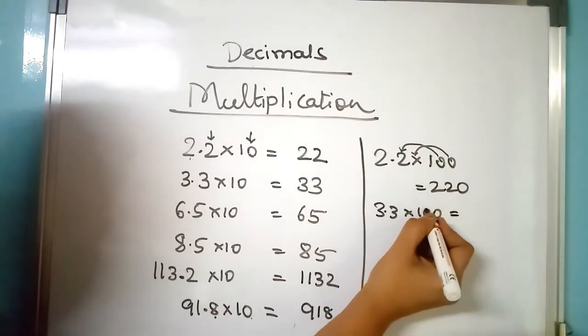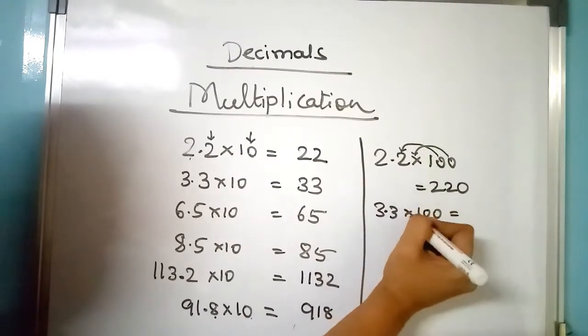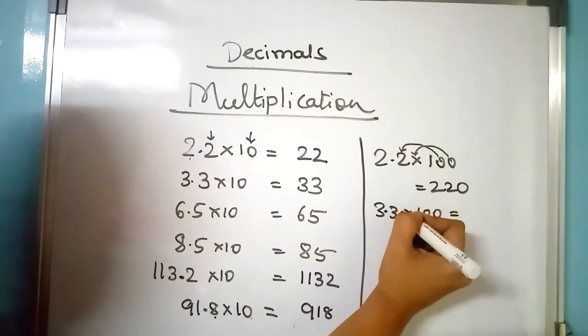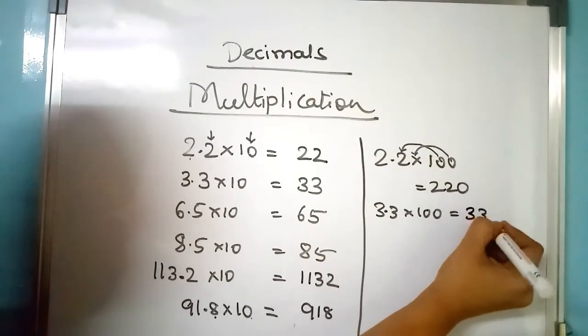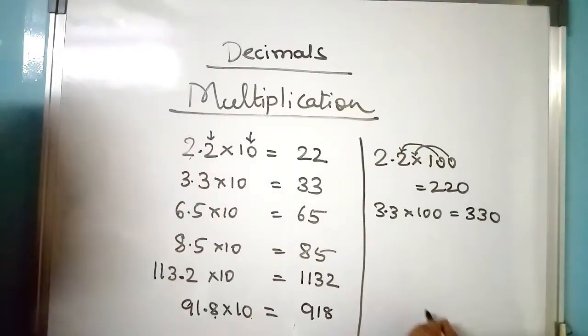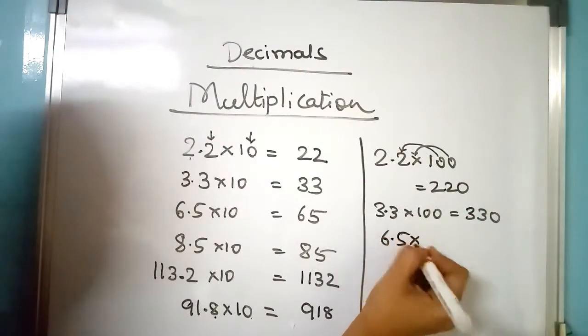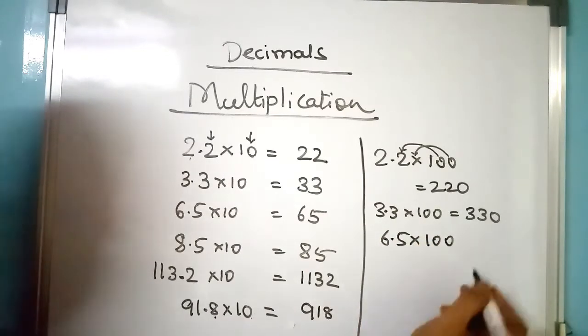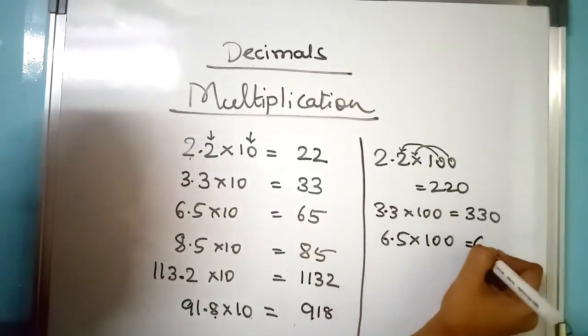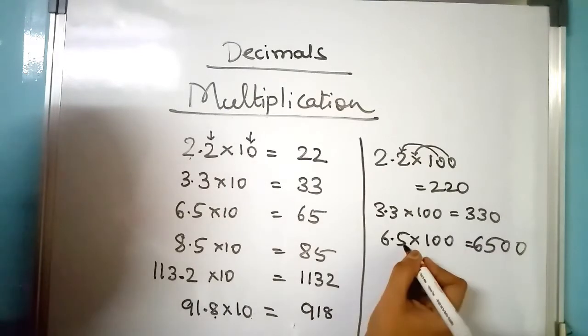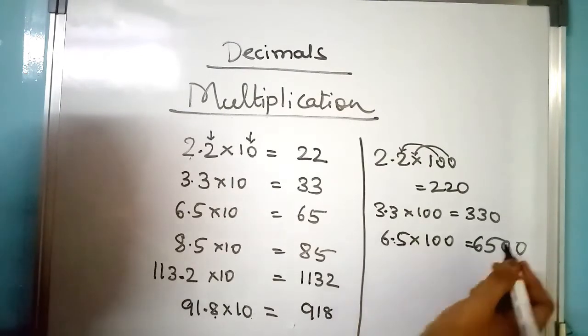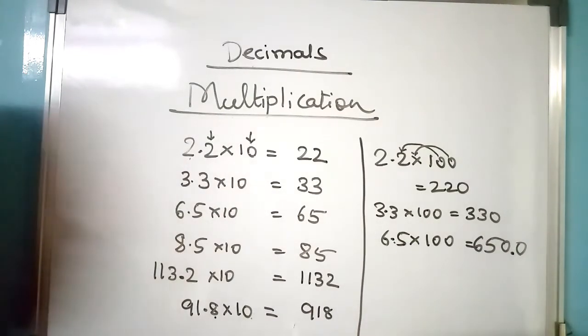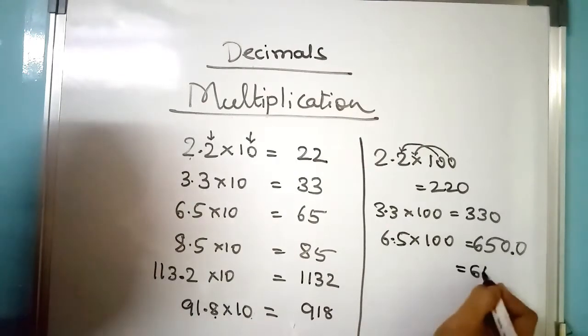Okay, for this after decimal you have 10, so your 10 will get added here, 330, in that way. 6.5 into 100. Okay, how do you do this? Just 6500, and here after decimal one digit, so place it for the decimal, it gives you 650.